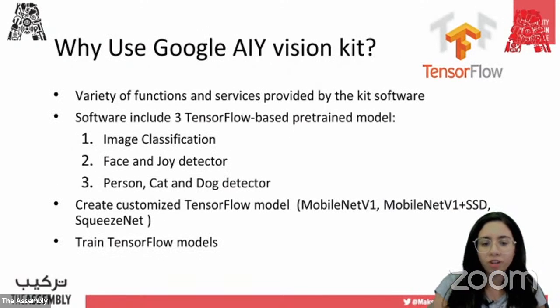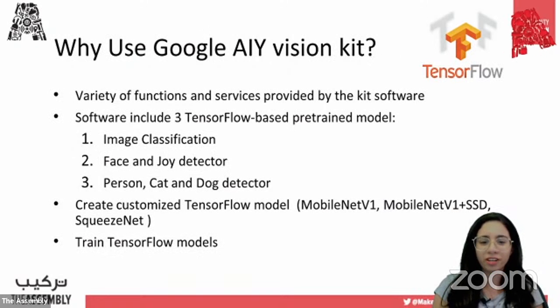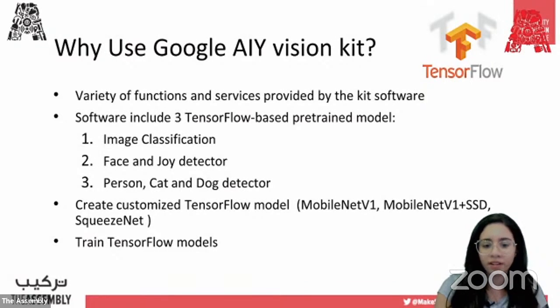So why should we use the Google AIY Vision Kit? Basically it offers us a variety of functions and services. This kit already has some pre-trained models. It has 3 TensorFlow-based pre-trained models. We have a model that classifies images, and it could just capture an image and classify it into around hundreds of categories.